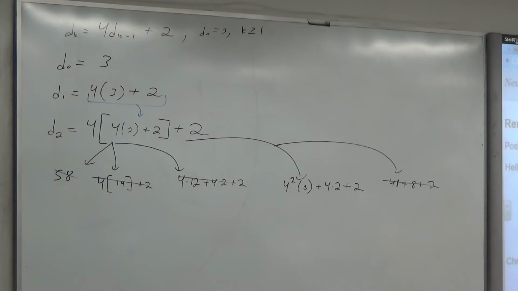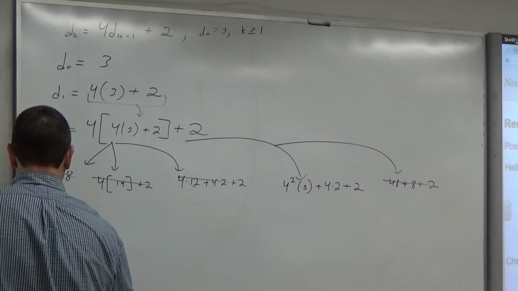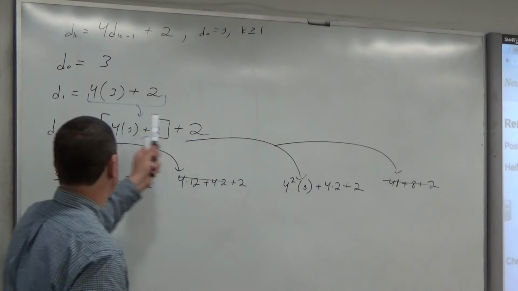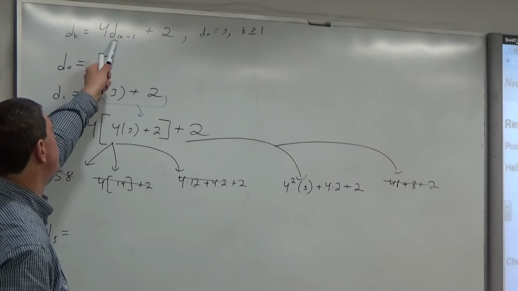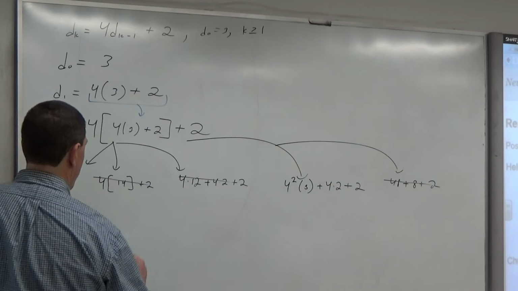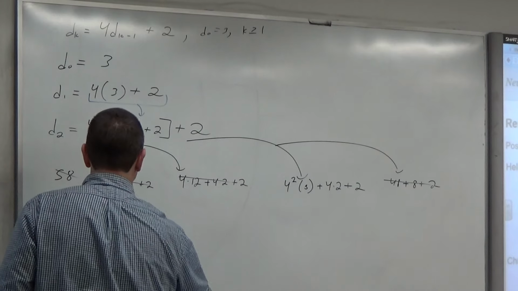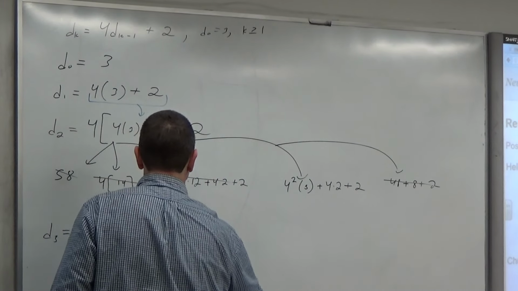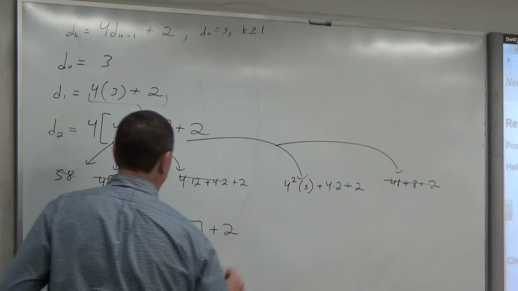Let's find d sub 3. All we're going to do with d sub 3 is take the previous instance and substitute it back in for d sub k minus 1. So it's going to be 4 quantity, 4 squared times 3, plus 4 times 2, plus 2, plus 2.